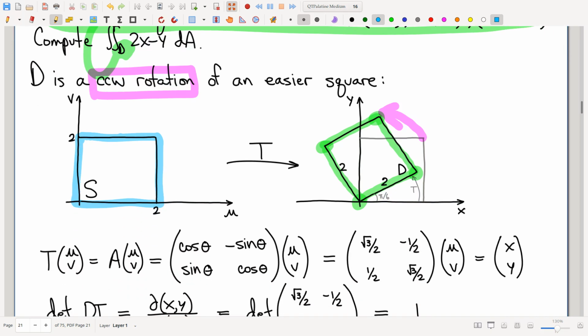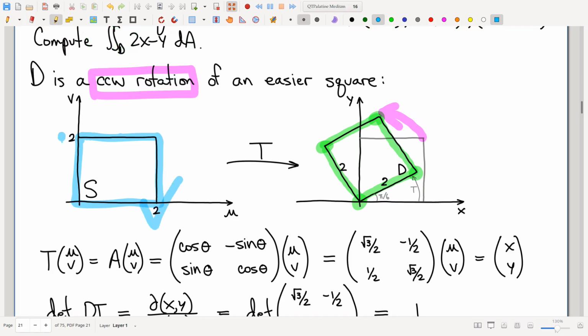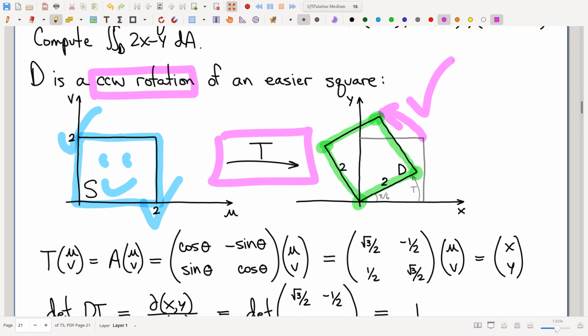Cool. So, a little geometry makes it easy to see that these bounds are 2's. I understand the pullback domain very nicely now. It's 0 to 2 and 0 to 2. Now, what is the change of variables function? This change of variables function, well, it's a rotation. Specifically, it's a rotation by that angle. And now you got to think to yourself, how do you do a little bit of trig and remind yourself of the coordinates of this point and trig this and that?